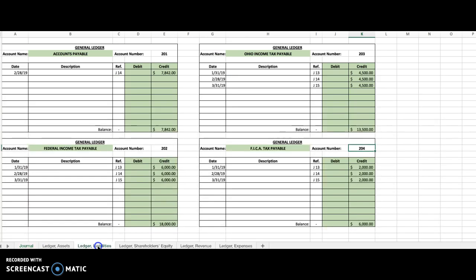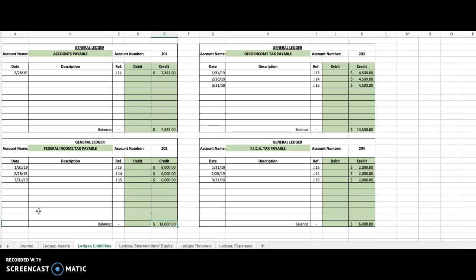So what would happen then is if we get the bill from the federal government saying, okay, company, now you need to pay us what you owe us. And we know how much that is because we go to the account, federal income tax payable, and we have a balance of $18,000.